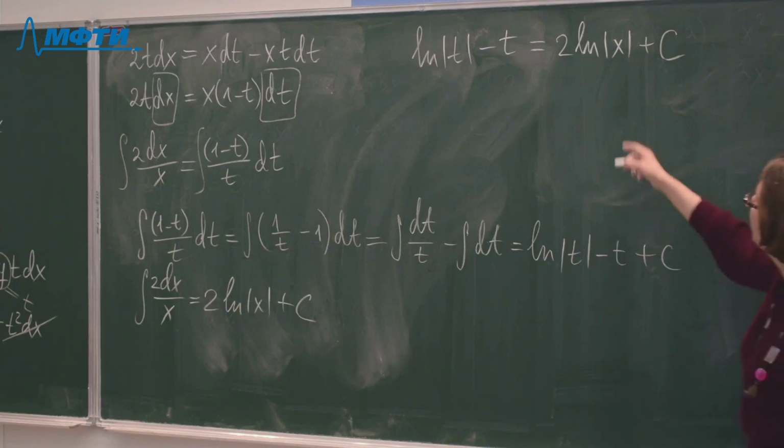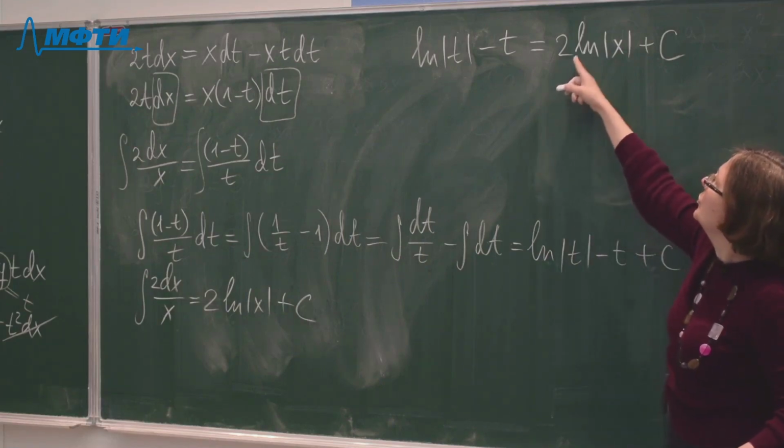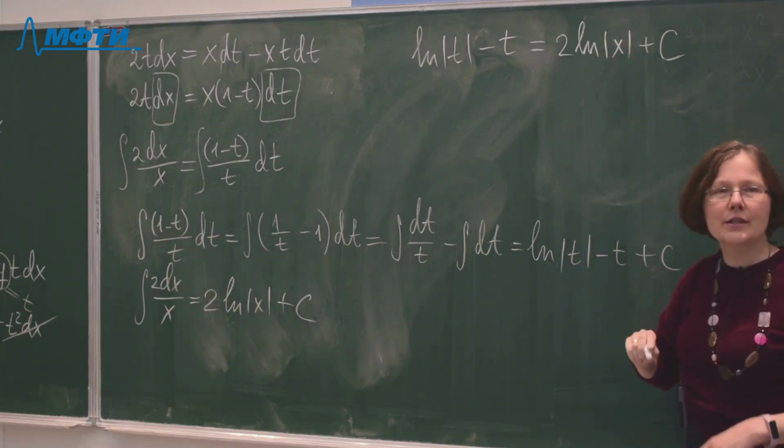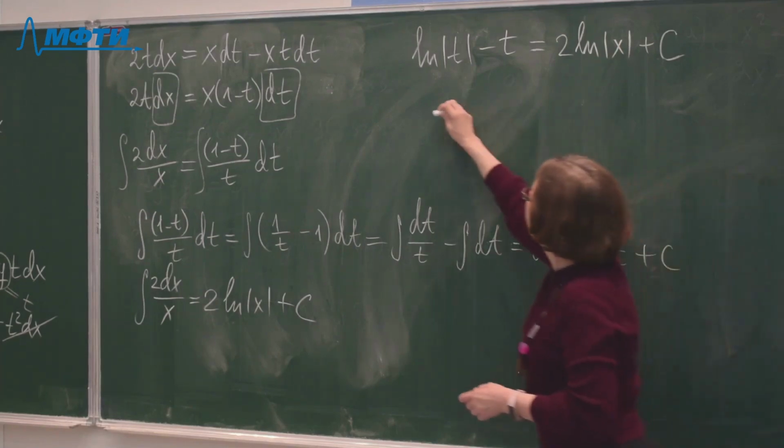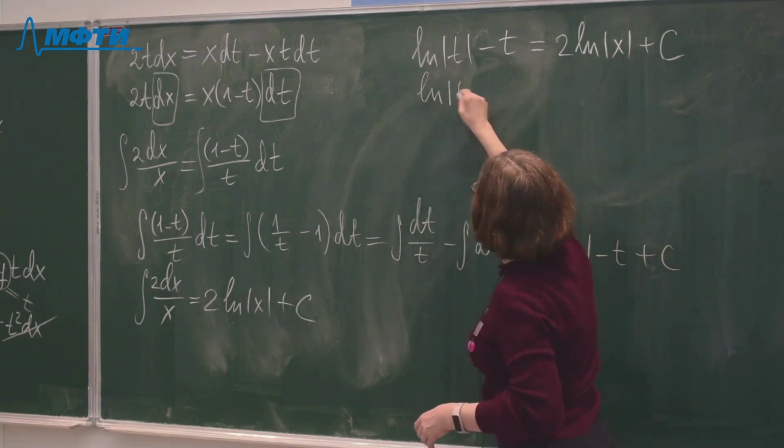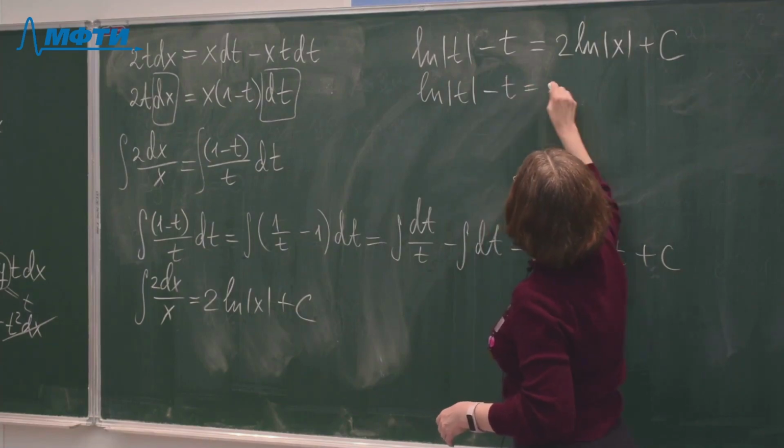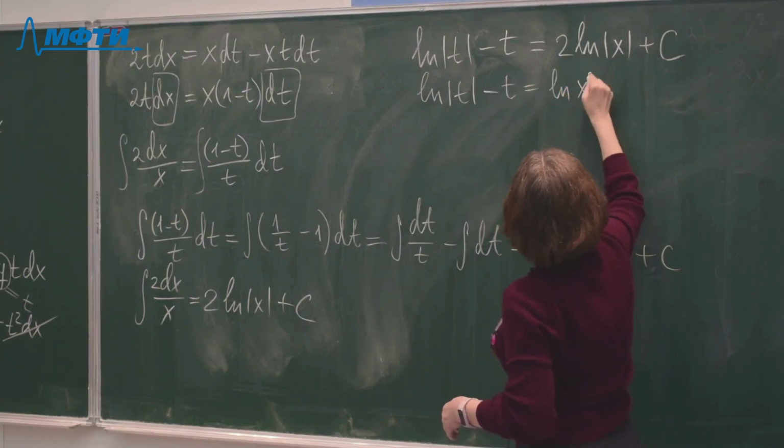Okay, we can simplify this. We can move 2 to the power of x using the properties of logarithm. So it is the same as ln t minus t equals ln x squared plus c.